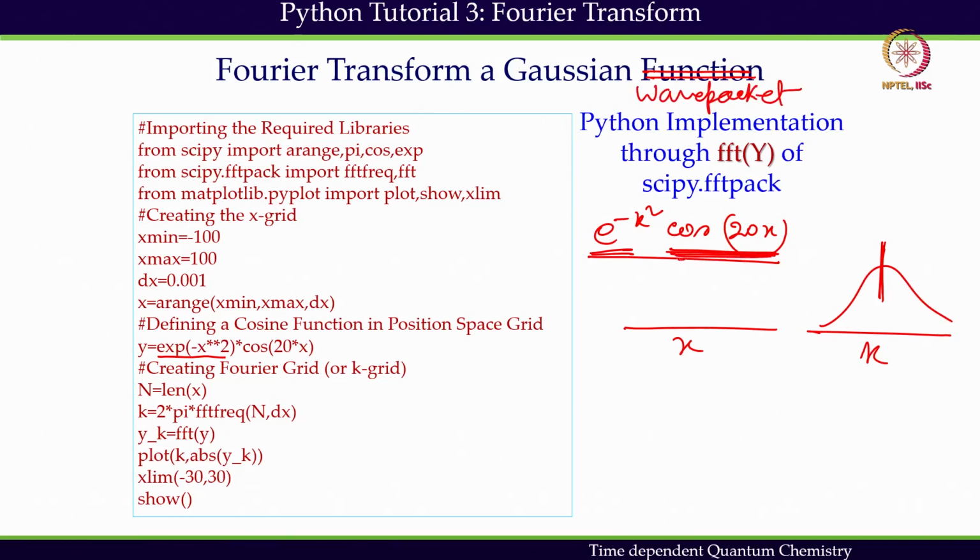This is the fast component, and this is the slow component, which is considered to be an envelope function. So, how does it look in the x domain? It should have an envelope function, but with an oscillatory part. So, this is what the x domain function looks like, and we need to find out what the k domain function looks like.